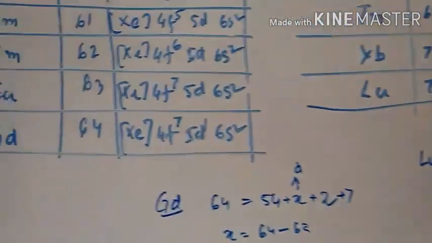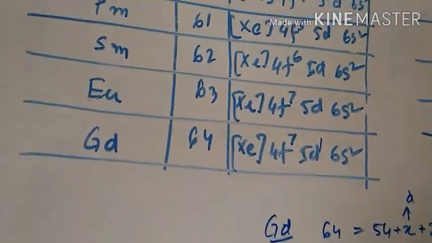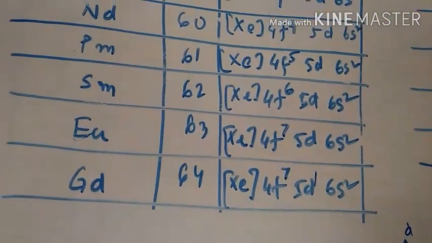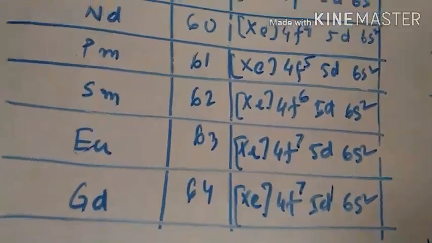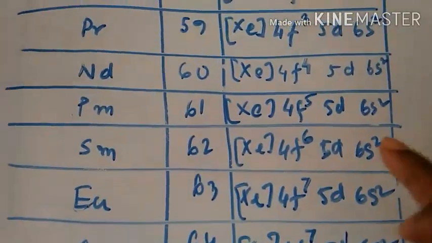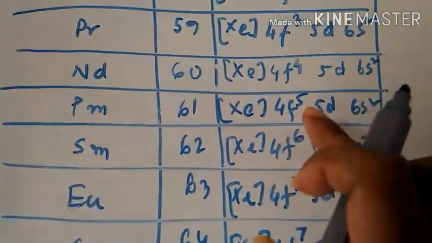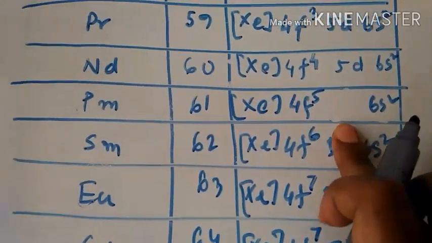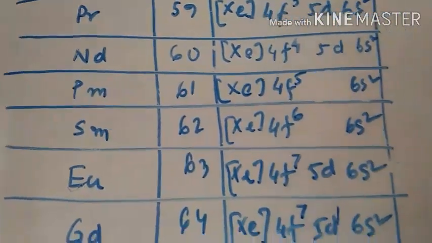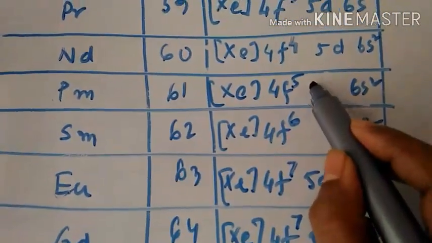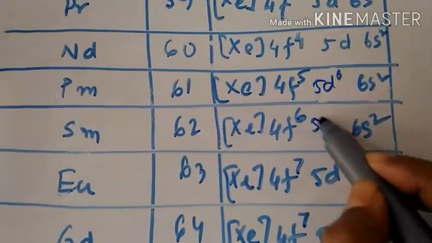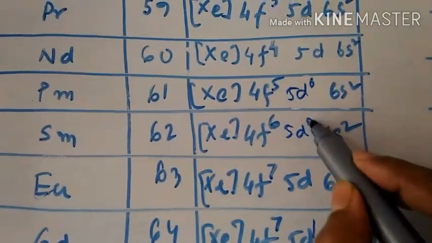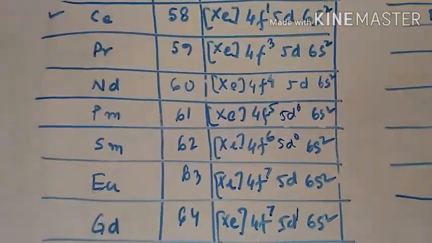Now in this case, for example for promethium and samarium, you can see it is already filled up by the 61 electrons, so there will be no d electrons, or rather we can write it this way, 5d0, so there will be no electrons for this.